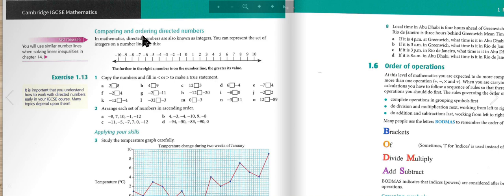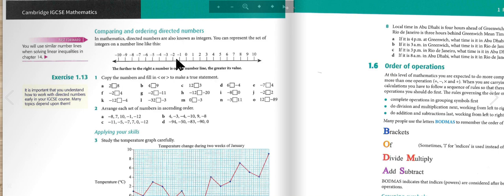Comparing and ordering directed numbers. In mathematics, directed numbers are also known as integers. You can represent the set of integers on a number line like this. 0, negative 10, negative 9, negative 8, negative 7, negative 6, negative 5, negative 4, negative 3, negative 2, negative 1, 0.